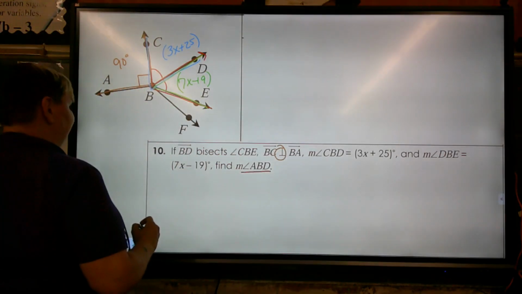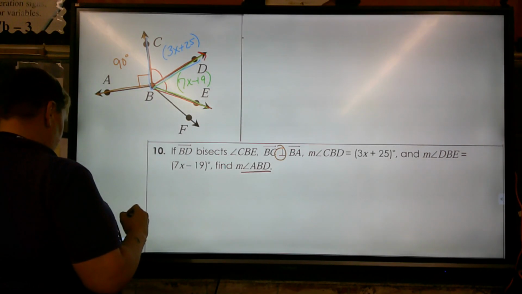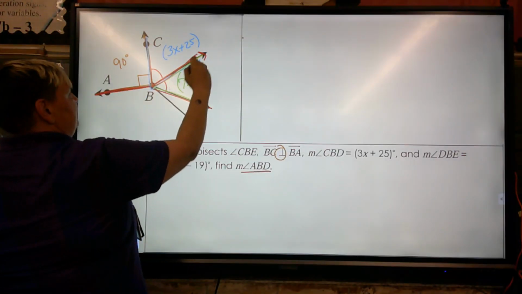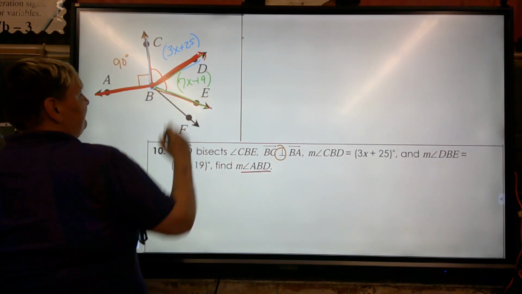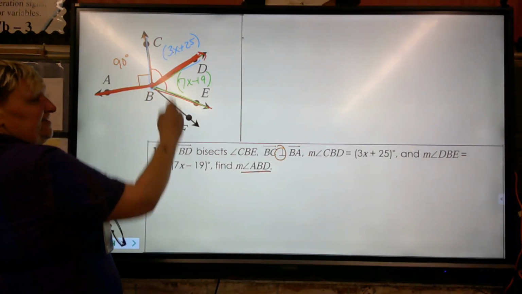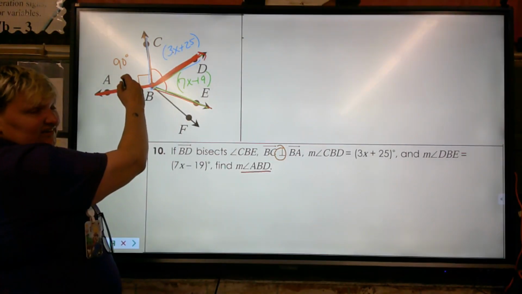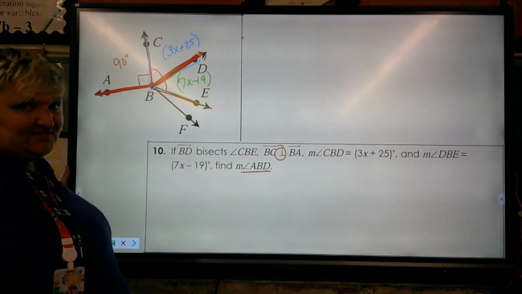So they want you to find, let's do it in red, they want you to find ABD. They want you to find this angle. In order to find that angle, it's this angle plus this angle. We know that this is 90. We don't know what that is, which means we need to solve for x.